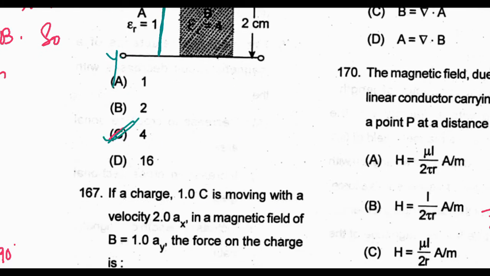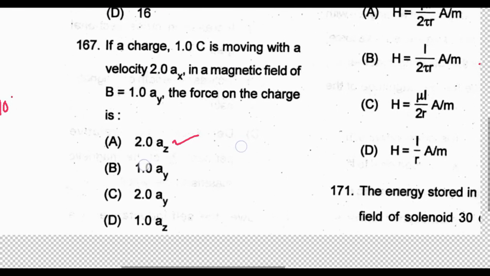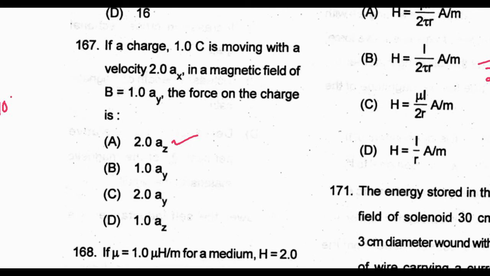Next question is question number 167. If a charge 1.0 coulomb is moving with a velocity 2.0 ax in a magnetic field of B is equal to 1 ay, the force on the charge is.